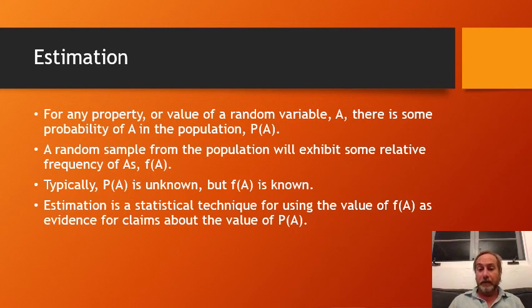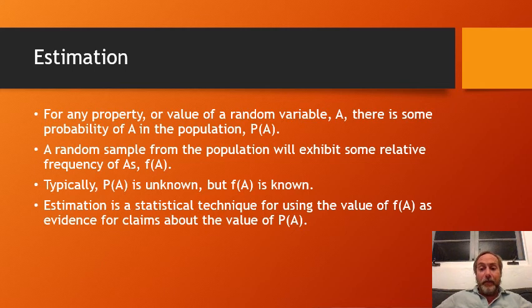We don't know what it is, but whatever that is, that'll be the probability of, say, M, for being male. So that's what P(A) is: it's about the real world, the actual probability of that value occurring in the population.